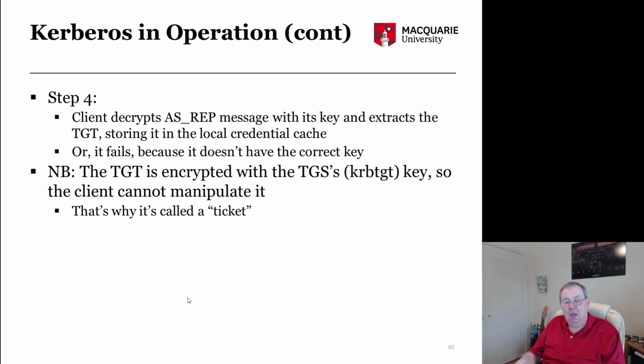Right? Now, notice, the ticket granting ticket is encrypted with the ticket granting server's key, so the client can't manipulate it. That's why it's called a ticket. It's a completely opaque token. In fact, some protocols call this a token that the client can't manipulate in any way.